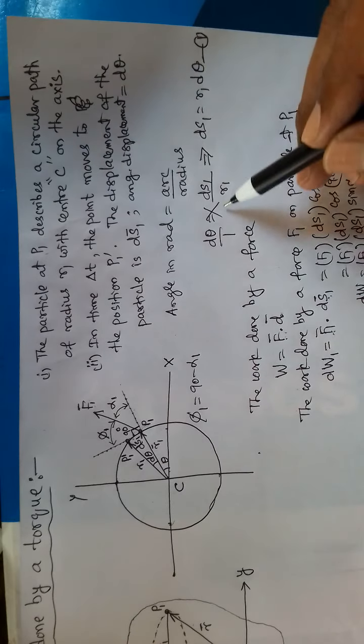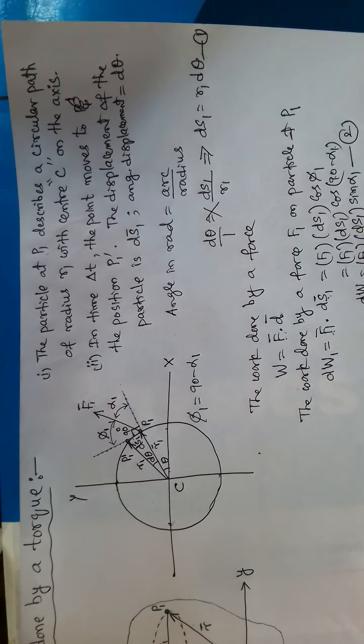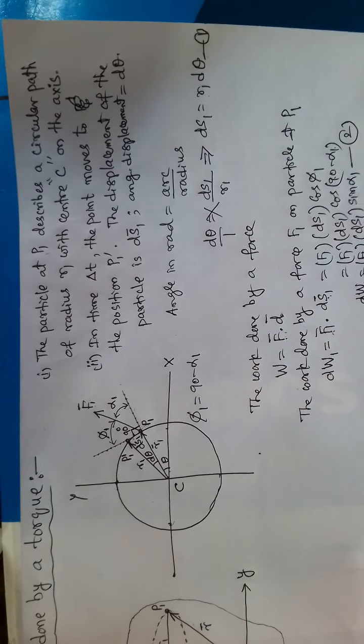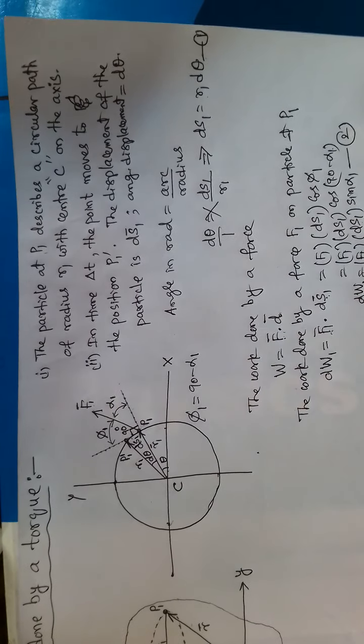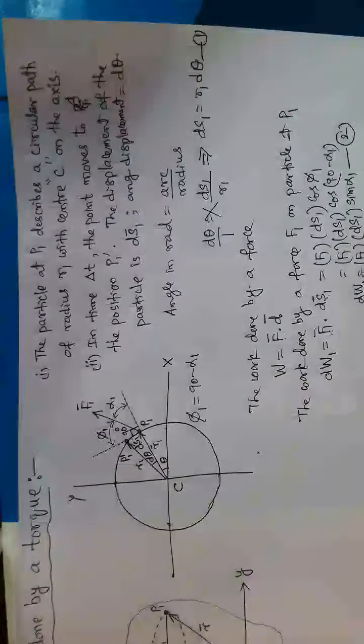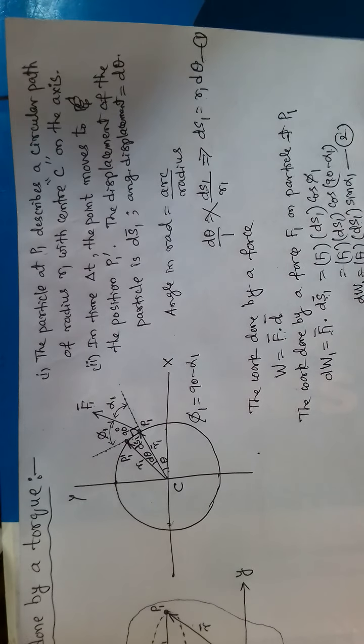But here we obtained ds1 is equal to r1 d theta. Let us substitute this here. Substituting 1 in 2, we get dW1 is equal to F1 ds1, which means r1 d theta, and this is sin alpha 1.